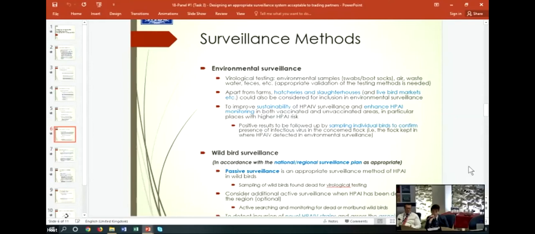In general, passive surveillance is an appropriate surveillance method for HPAI in wild birds, which could be conducted by sampling of wild birds found dead for virological testing. And additional active surveillance may also be considered when HPAI has been detected in the region. And the aim of wild bird surveillance is to detect incursion of novel HPAI virus strains and to assess the associated risk.